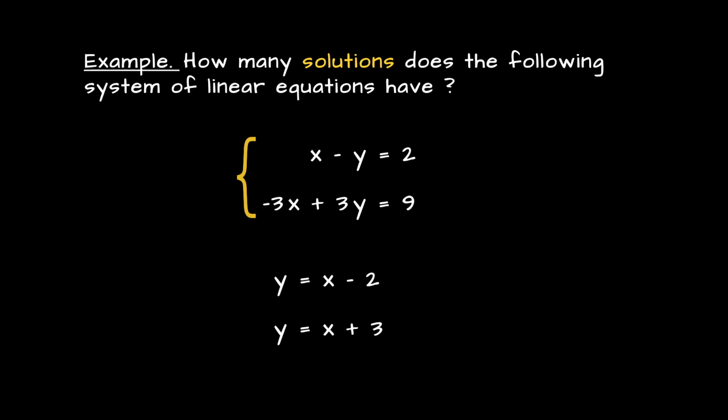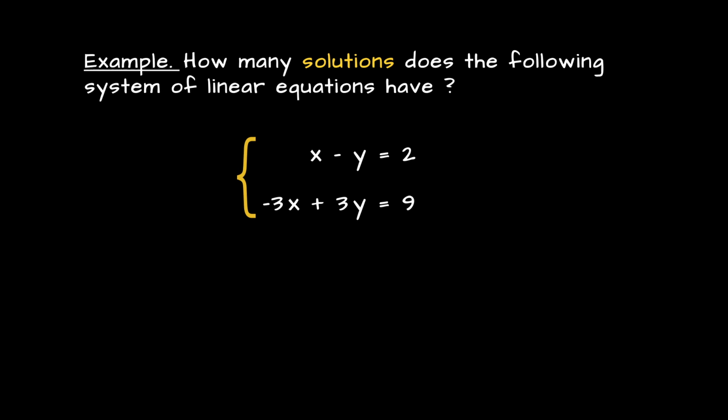And what we can see by looking at this new system obtained by rewriting the old system is that the two equations represent lines that have the exact same slope but different y-intercepts. In other words, they represent lines that are parallel but that never intersect. So this system will have no solutions.